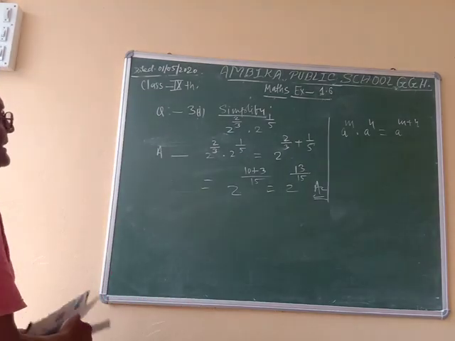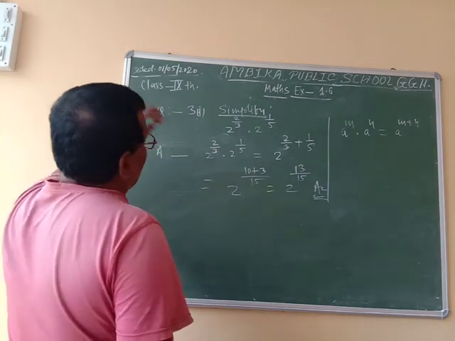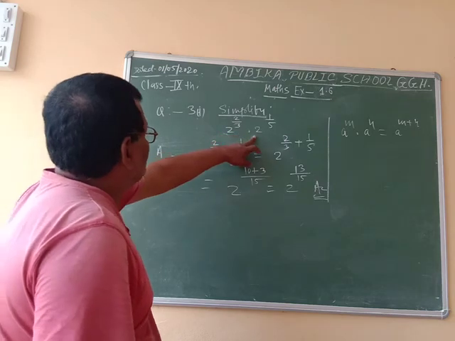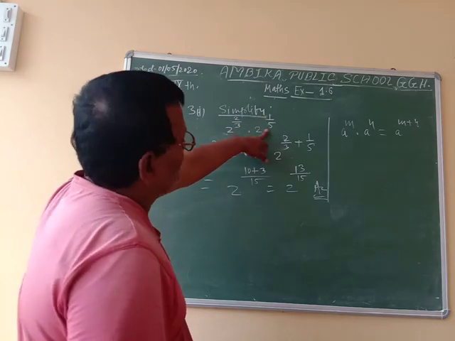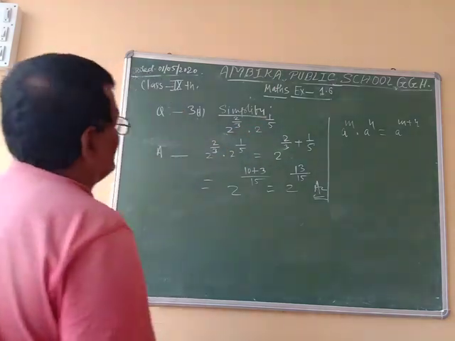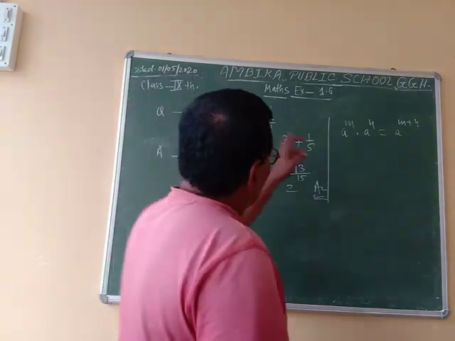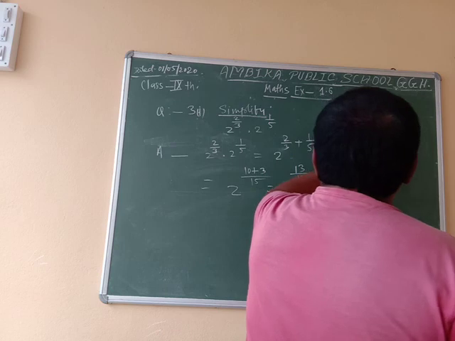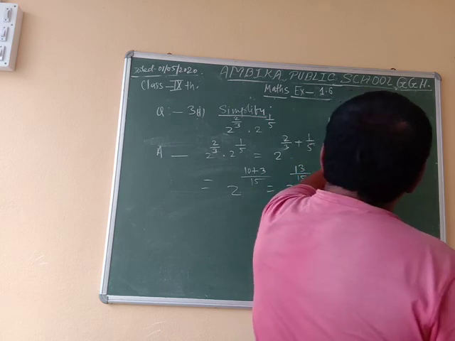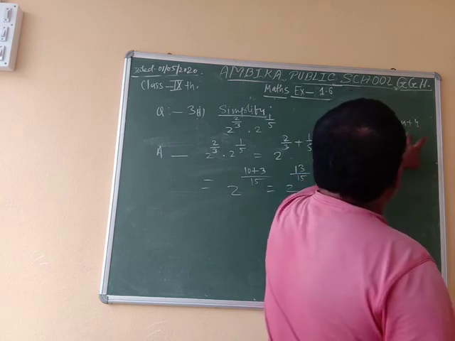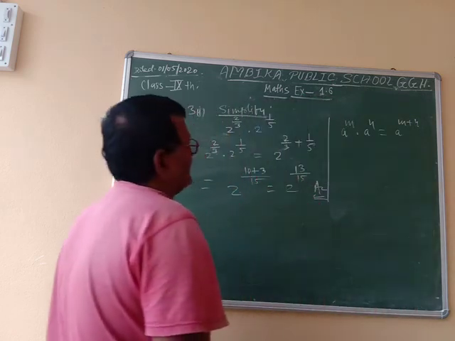Question number 3 is simplify 2 to the power 2 by 3 into 2 to the power 1 by 5. Using the rules of exponent we have studied before, a to the power m into a to the power n is equal to a to the power m plus n.